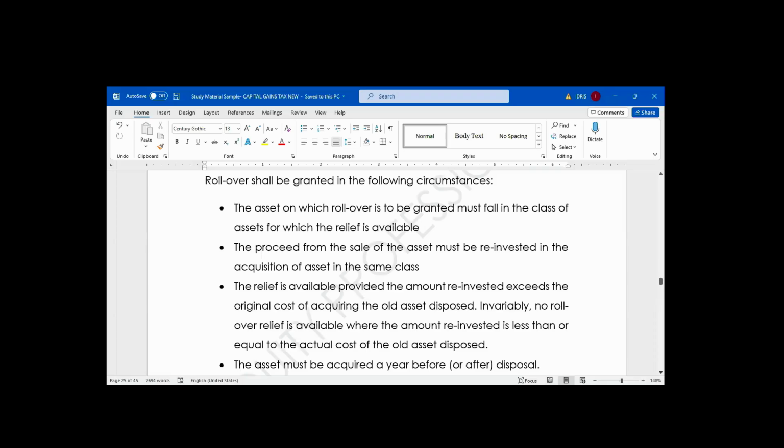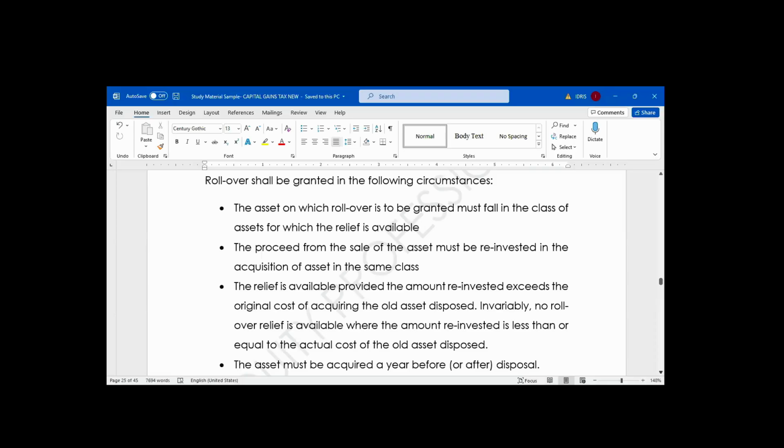I now dispose it 200 million. I now want to buy another land. I now buy another land for 70 million. I buy another land for 70 million. If I buy another land for 70 million, I cannot claim rollover relief.